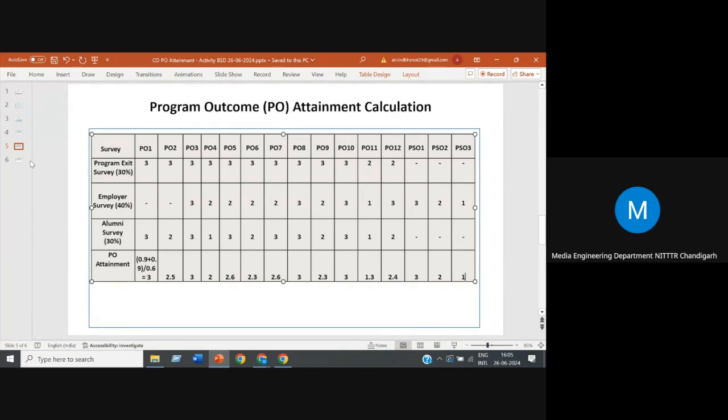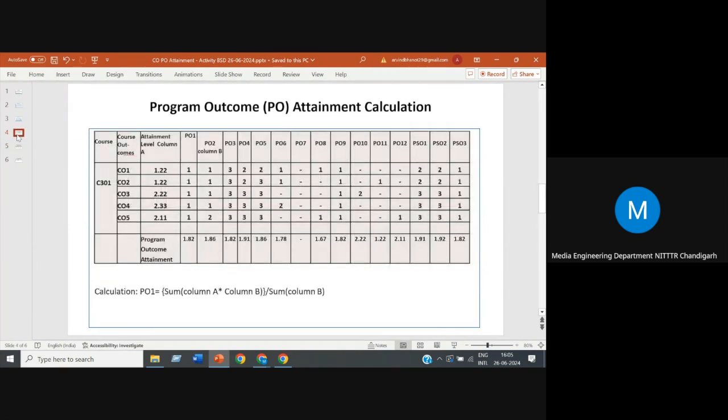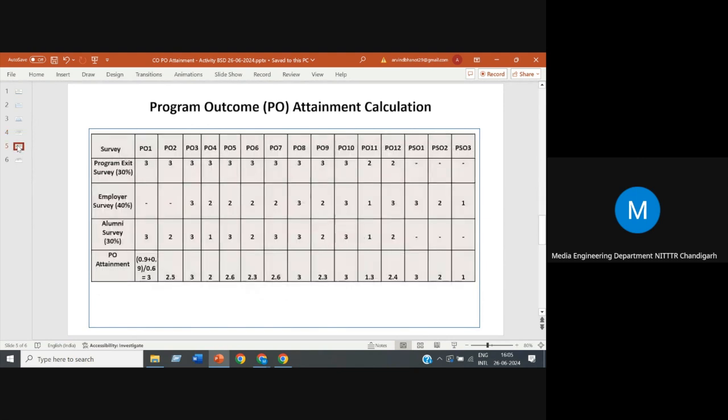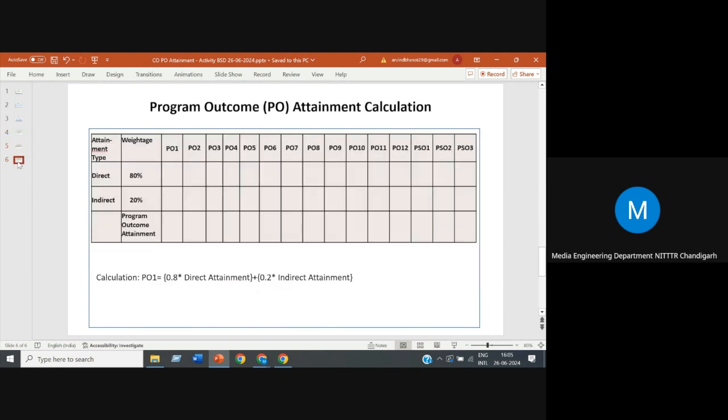Okay, so now let's move further. So what we have done, we have calculated direct attainment on this slide, indirect attainment on this slide. So now finally, we have to combine. We have to calculate overall attainment using both direct as well as indirect part. So direct weightage we are giving as 80%, indirect weightage we are giving 20%. So I will be copying these values.